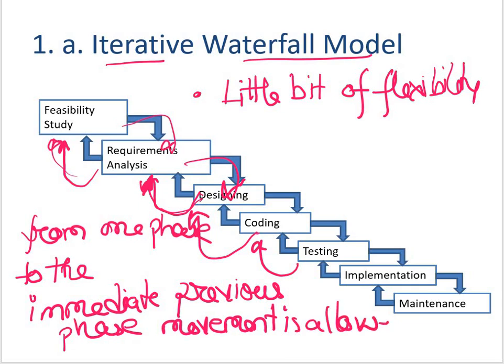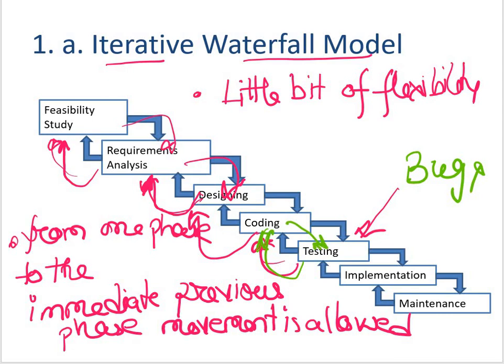And frankly speaking, this comes very handy. Let's say I'm in the testing phase and I need to go to the coding phase. I can do that because I have identified some bugs in the application. So I can immediately report and say, let's code once again. Now the code has been passed to the testing team again.